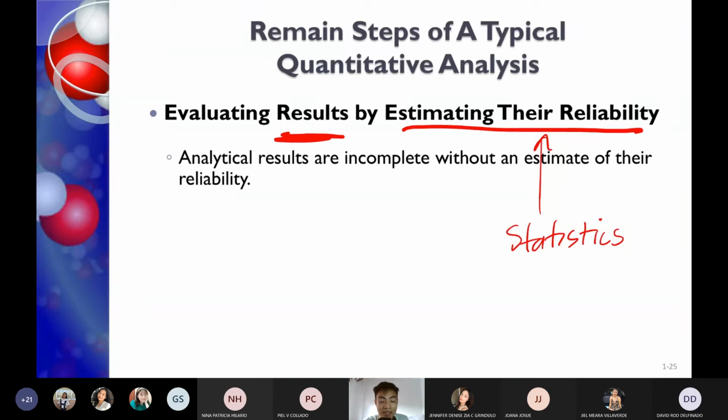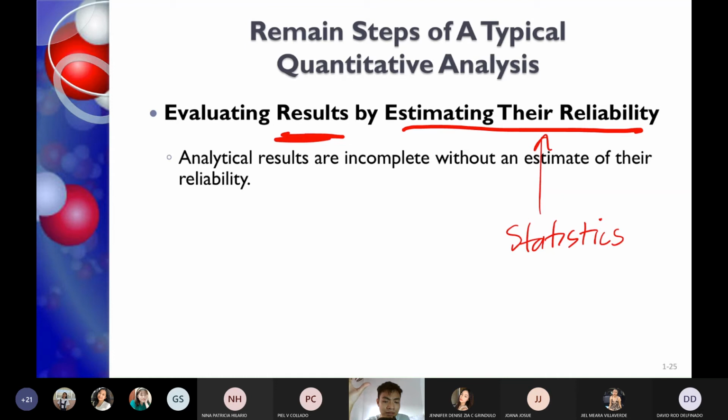It also requires statistics, no? Pero for now, sa ating case, since ang ating ginagawa ay up to 3 times lang, up to triplicates lang naman yung gagawin natin, pwede na yung mean, median, mode, RSD, percent error, okay na yun. No, that is good enough for us, no, to estimate the reliability of our result.